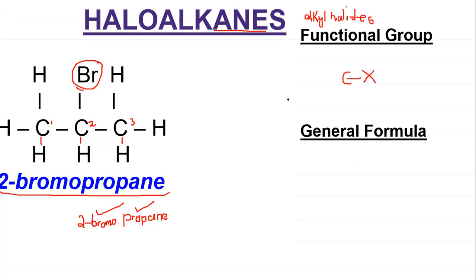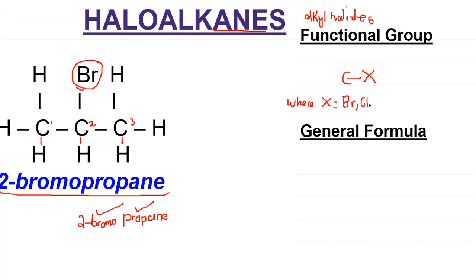Why? Because it can be any halogen, and hence we normally say where X is equal to, and for your syllabus, it will either be bromine or it will either be chlorine.